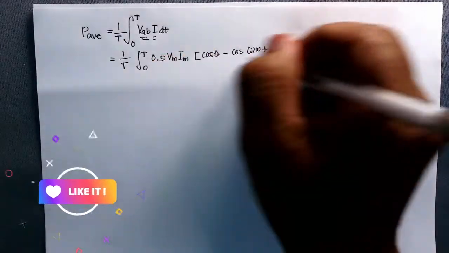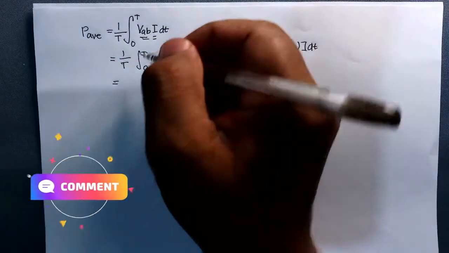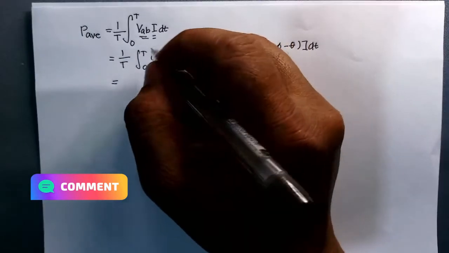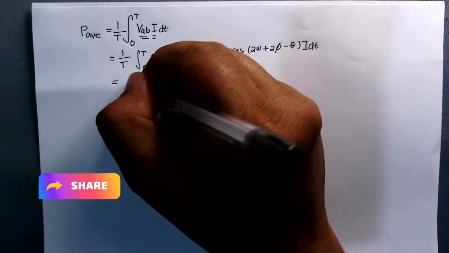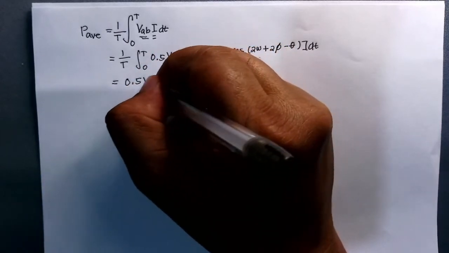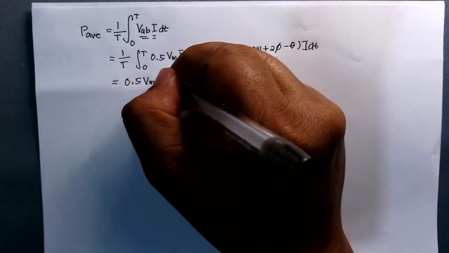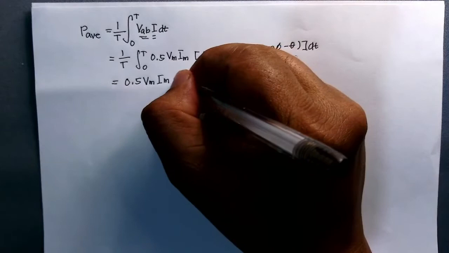So if you integrate this one and manipulate it, you will have a simplified value of 0.5 times the maximum value of your voltage times the maximum value of your current multiplied by cosine theta.